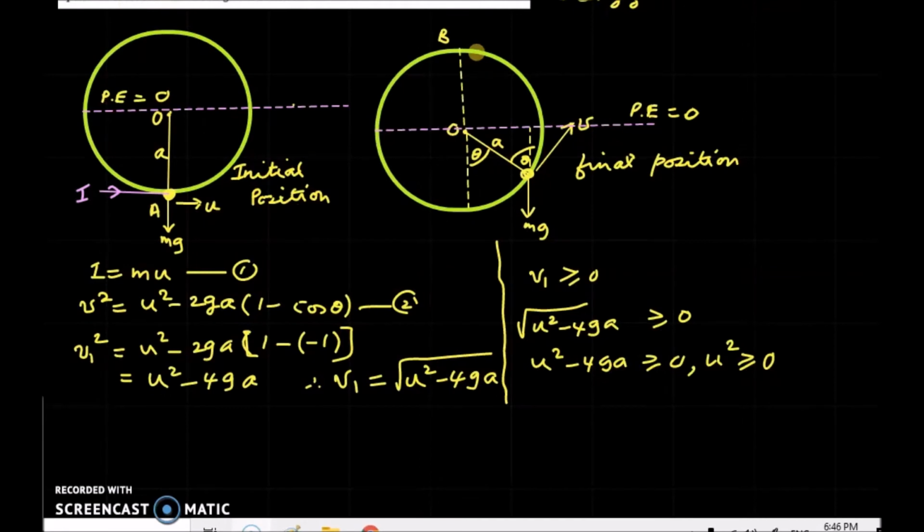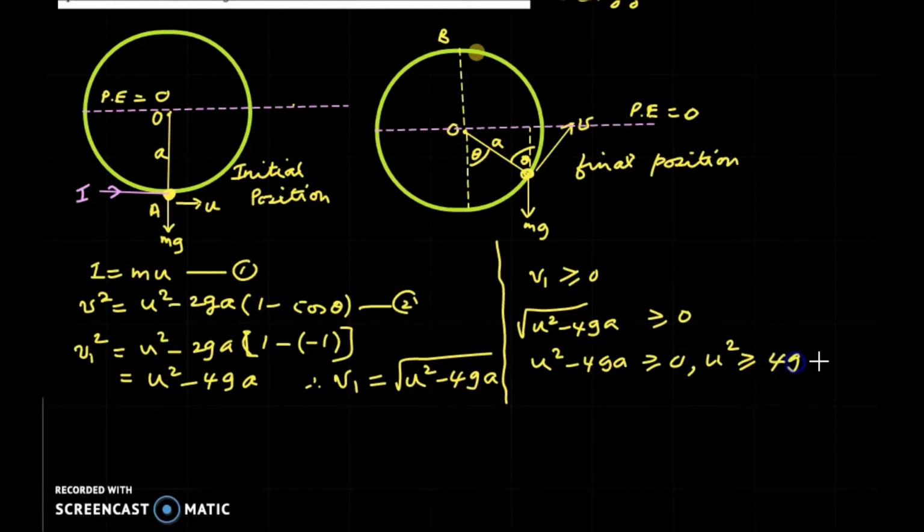Therefore u squared is greater than or equal to 4ga. Therefore u should be greater than or equal to 2 into square root of ga.